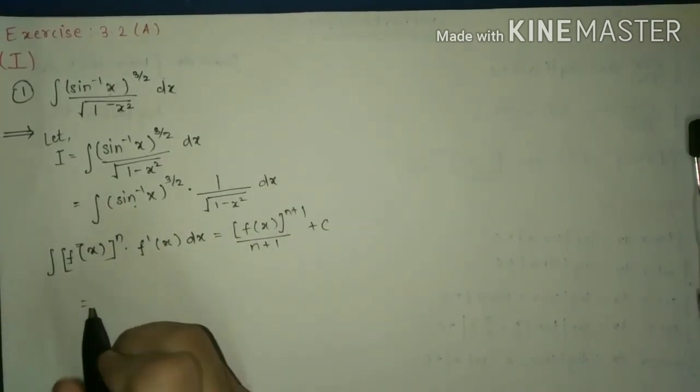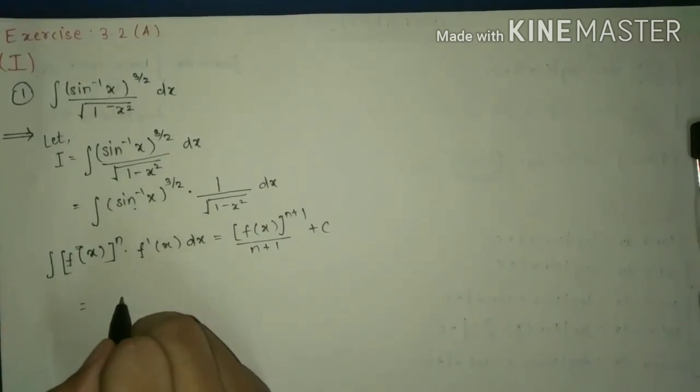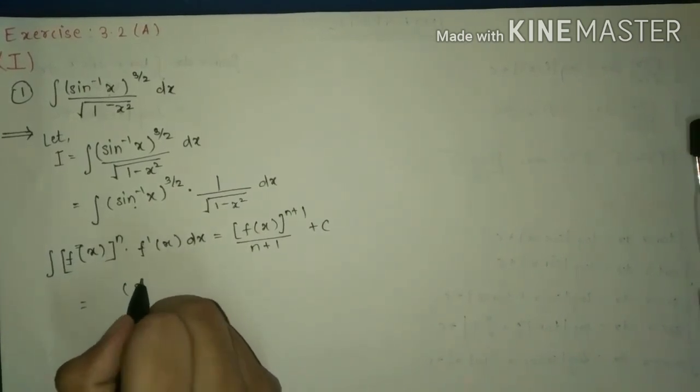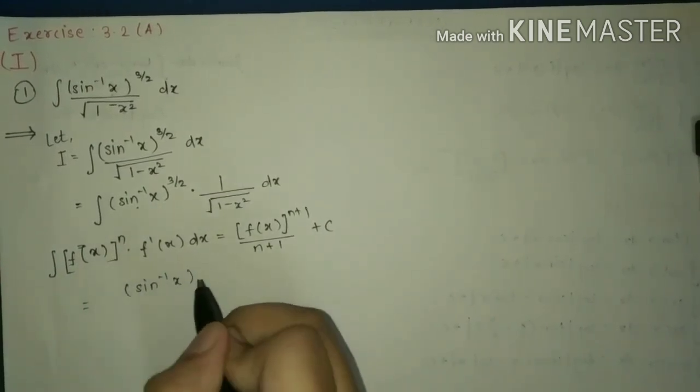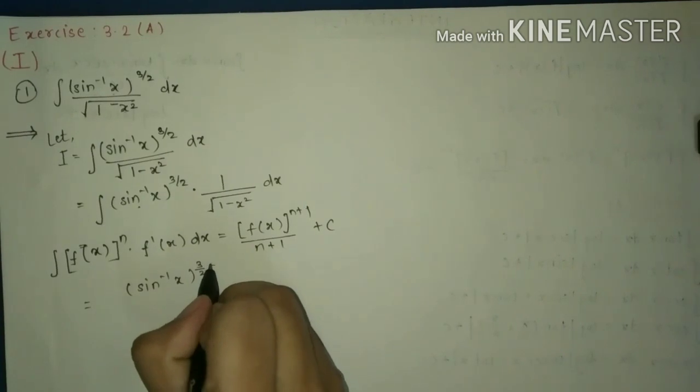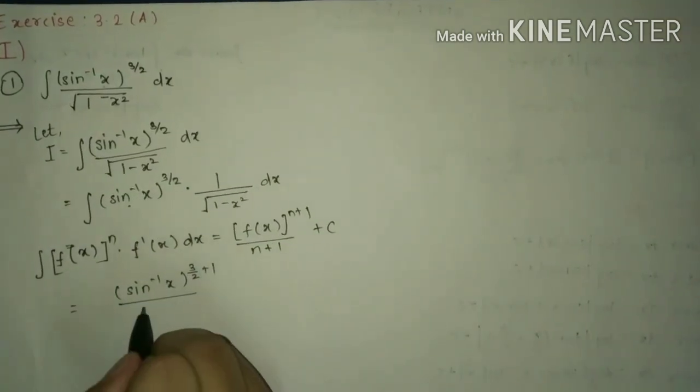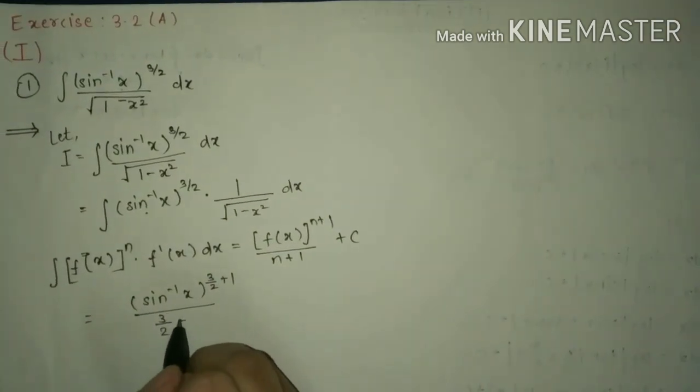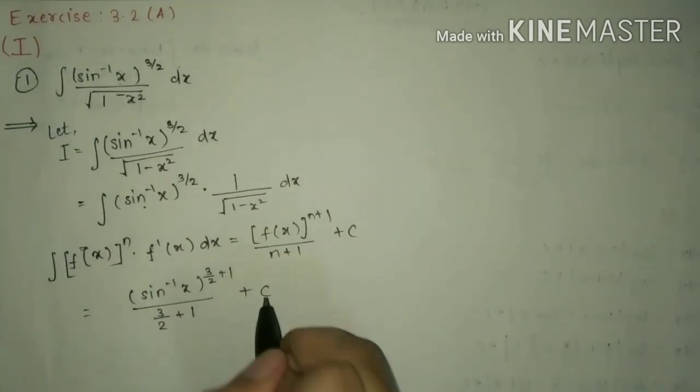So directly applying this result in our question, we get sine inverse x raised to 3 by 2, which is n, plus 1 upon 3 by 2 plus 1 plus c.